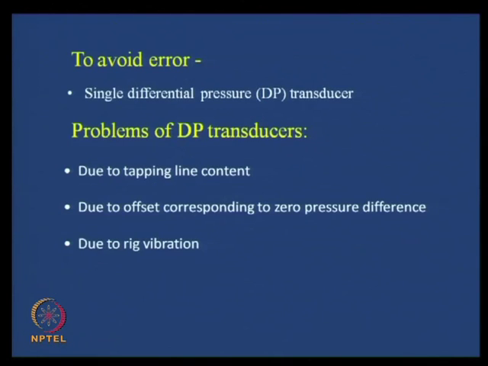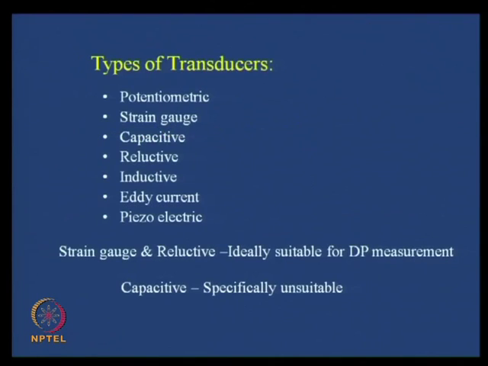Well, so the other thing is, now you adopt the differential pressure transducer. Okay. Now, if it would have been very good, then we would not have bothered about anything else. There have to be some problems there. What are the problems that come to your mind in this particular case?